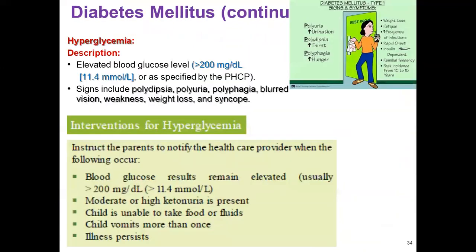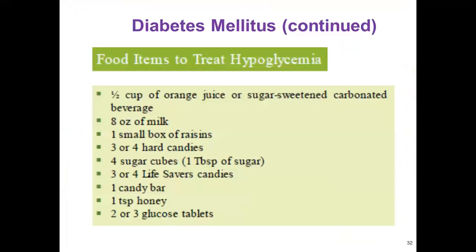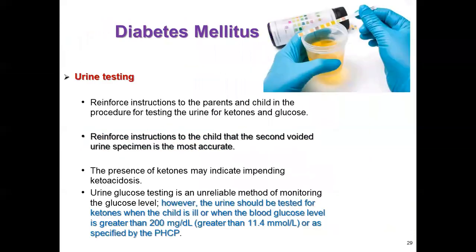So, urine testing. Reinforce the instruction to the parents and child in the procedure for testing the urine for ketones and glucose. Reinforce the instruction to the child that a second-void urine specimen is the most accurate.